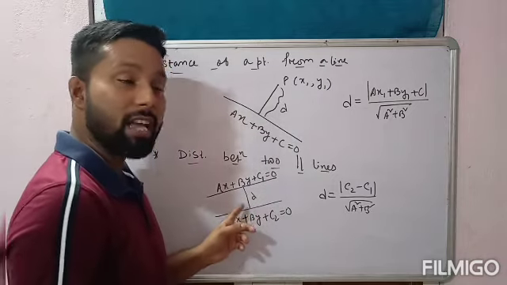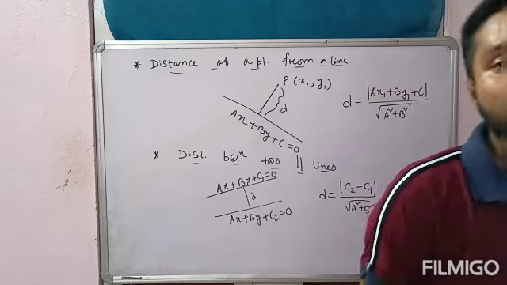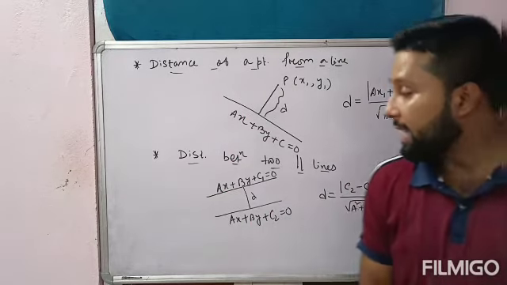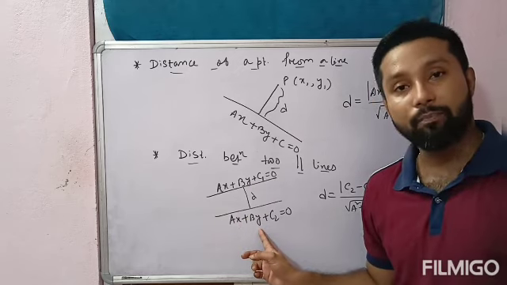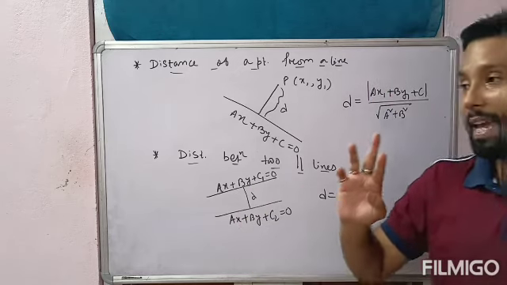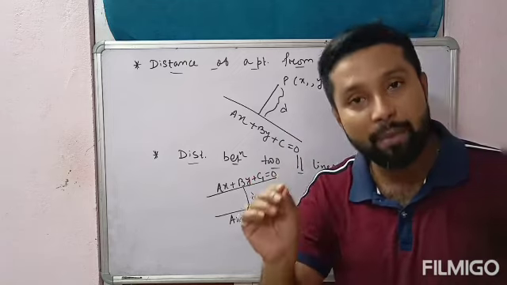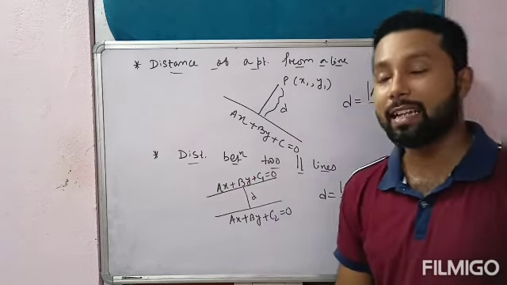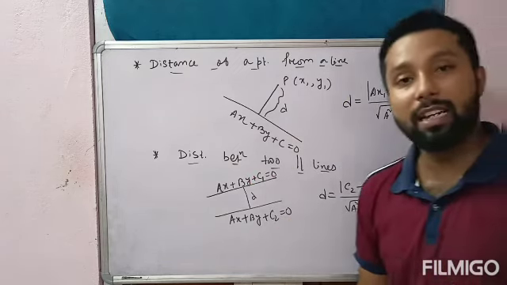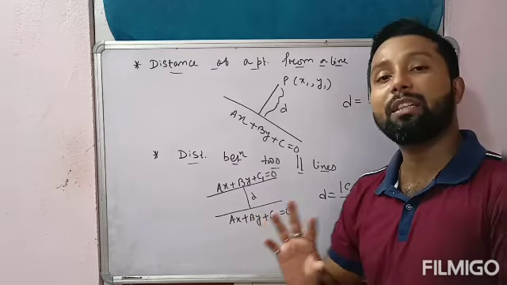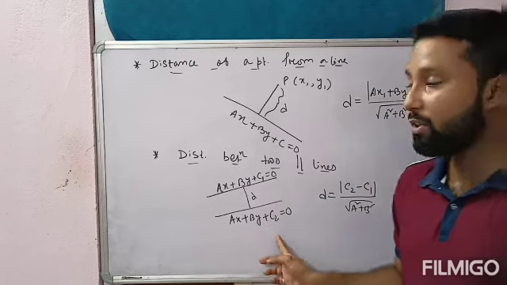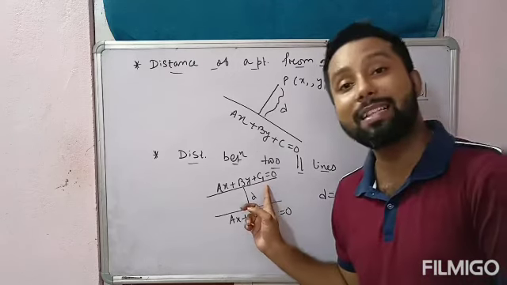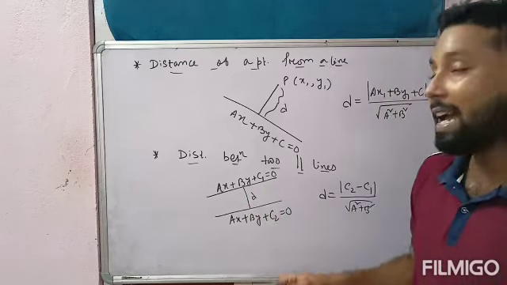Look at the equations. How can we identify whether the two lines are parallel or not? If the coefficients of x and y are the same in both equations, then only we can say that the two lines are parallel to each other. Only the constant term will be different, that's why I have represented the first constant term as c1 and the second one as c2.